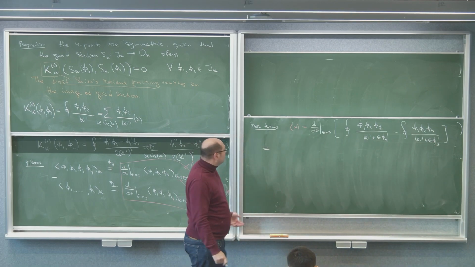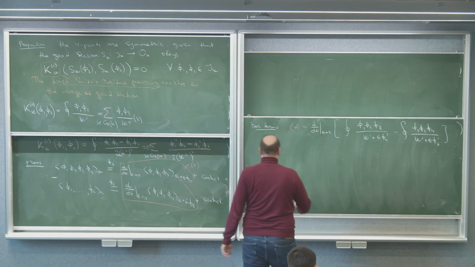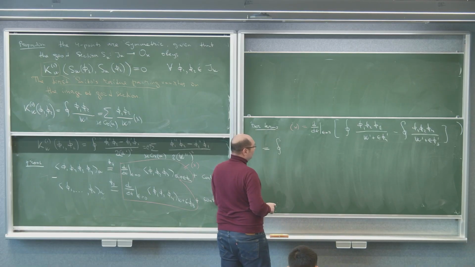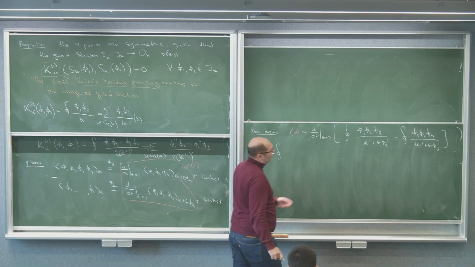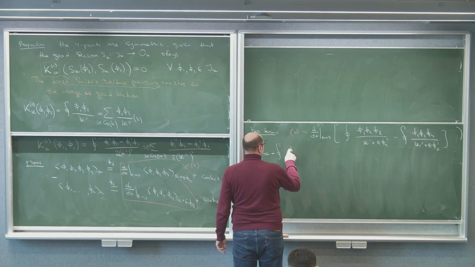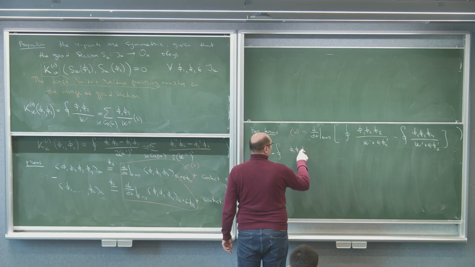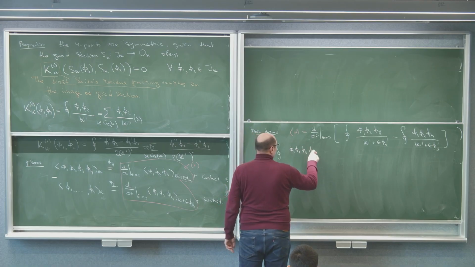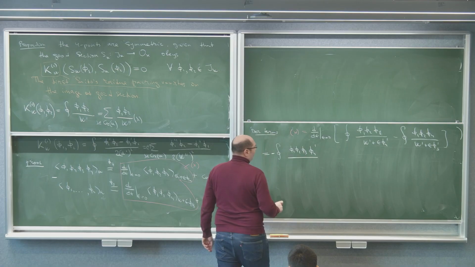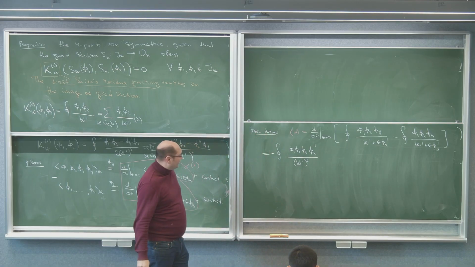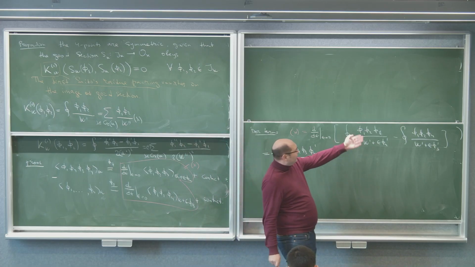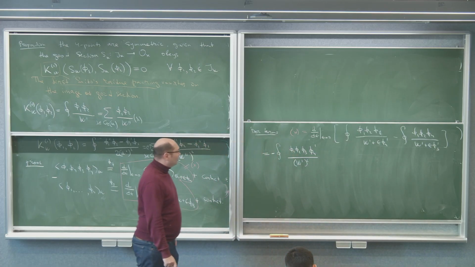Okay, so let us just evaluate the epsilon derivatives. What would we get? There will be a minus sign because the epsilon dependency is through the denominator. So it will be phi 1, phi 2, phi 3, and here will be phi 4 prime, over w prime squared. That is the epsilon derivative evaluated at epsilon equals 0 of the first term.